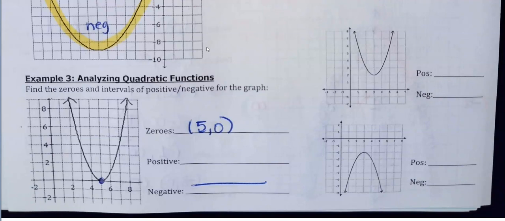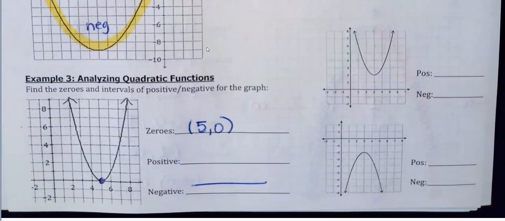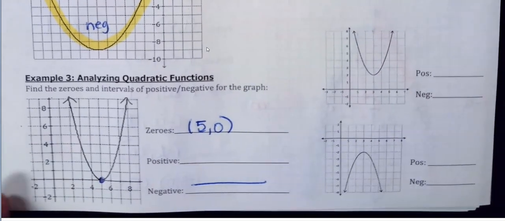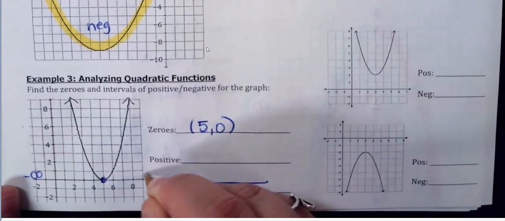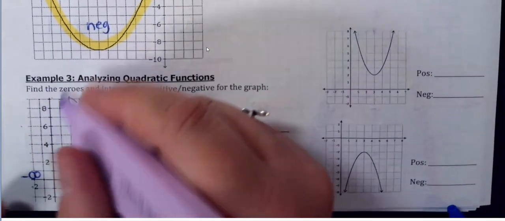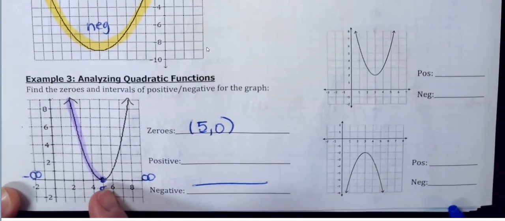It's really nitpicky, but technically, since this touches the x-axis, you have to write two separate intervals because I'm not considered positive or negative at a 0. I know this is super weird, but this is a 5 here, and the whole graph is positive except for that one point.